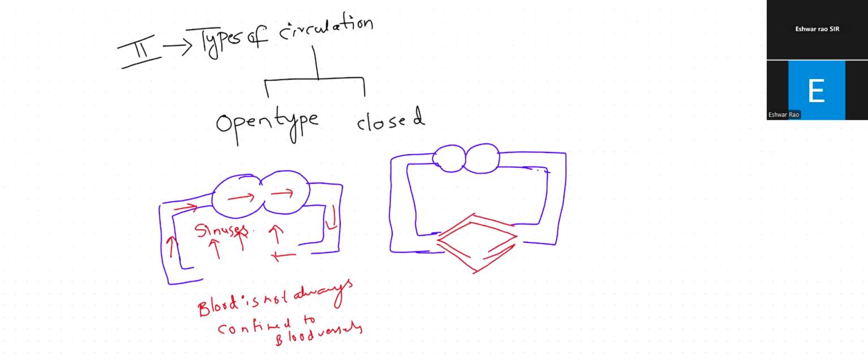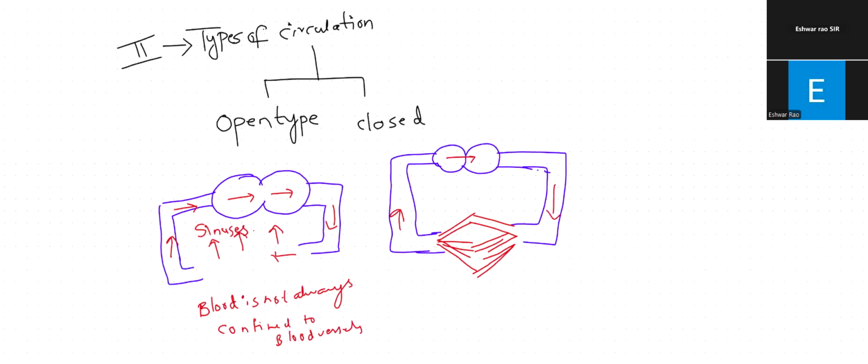So blood is always confined to blood vessels, and blood always flows within the blood vessels only. That is called closed type of circulation.